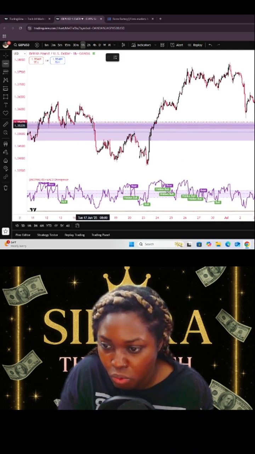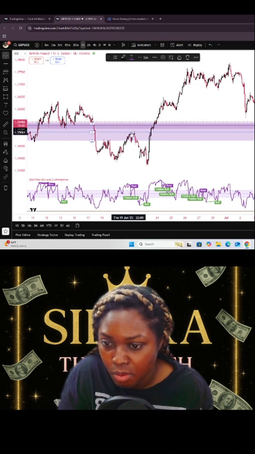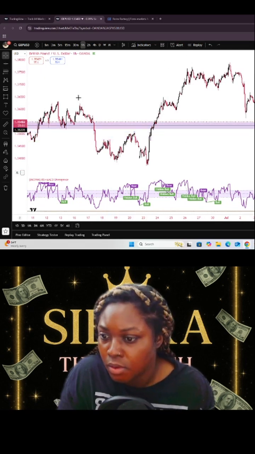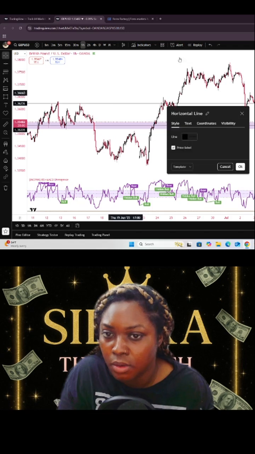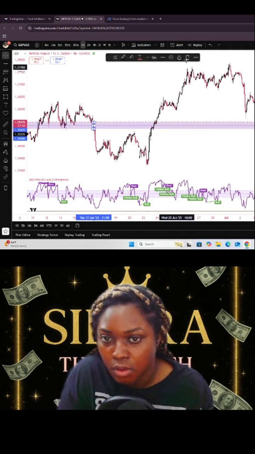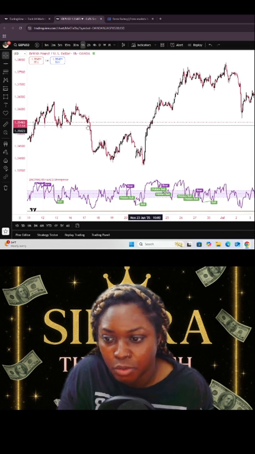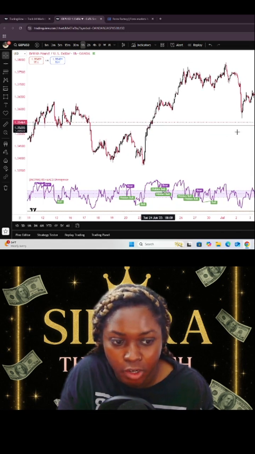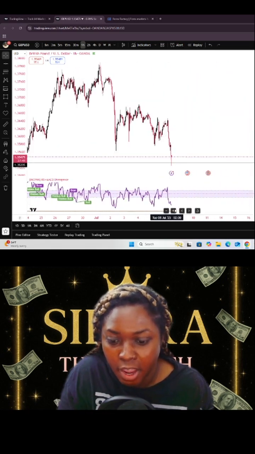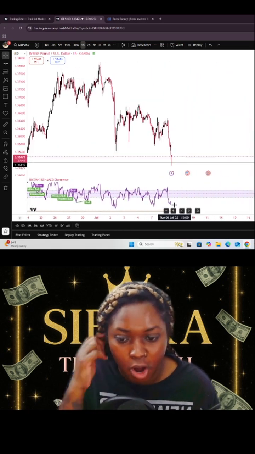Okay. All right, so price has come down to this inversion fair value gap. It's giving us some type of rejection, and we are low on our RSI.